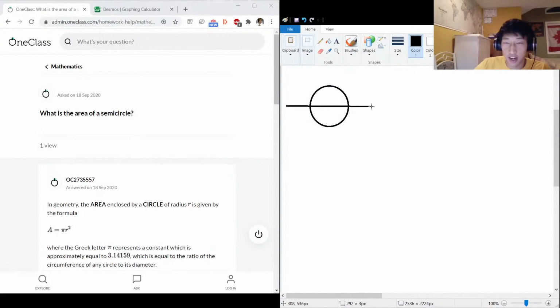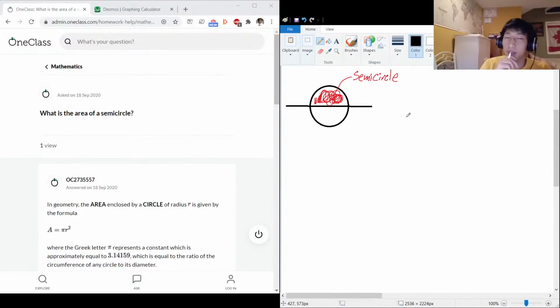Chop that circle in half and you get a semicircle. I'll just color in the part that we're trying to figure out. Okay, so that's a semicircle. Beautiful. So we got to find that area.